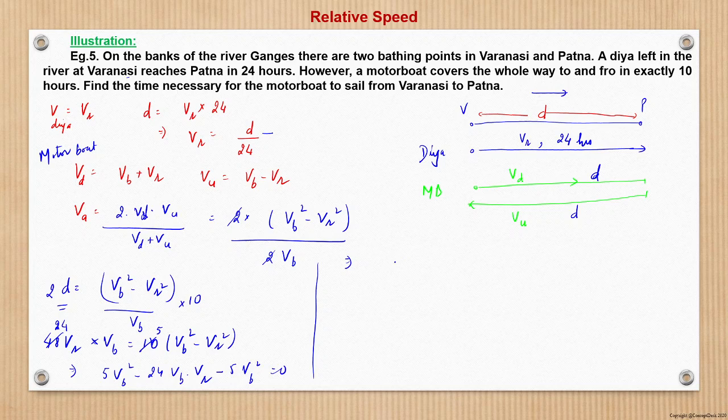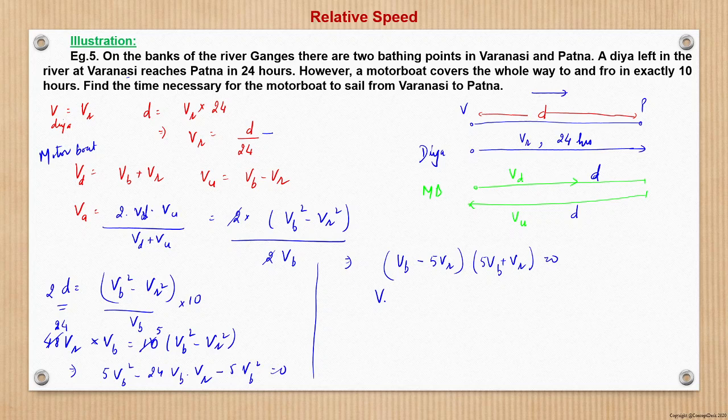Vb will be common. So Vb minus 5 Vr into 5 Vb plus Vr is equal to 0. The negative solution we will not take.